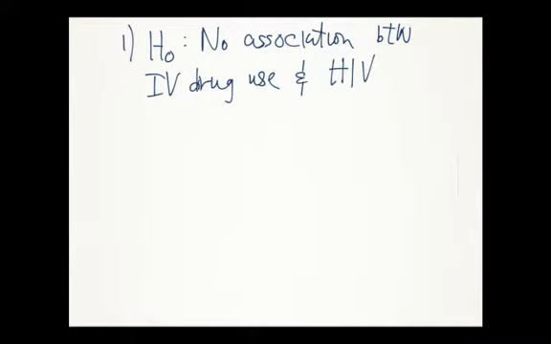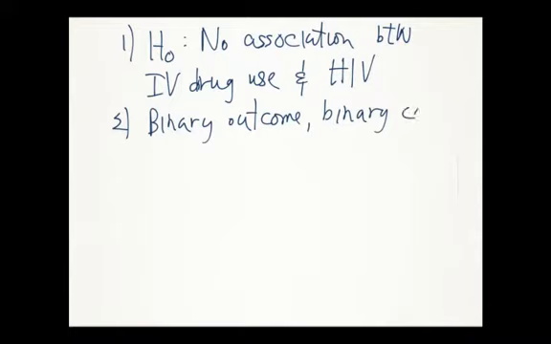Okay? And so in step 2, we talk about the type of data that we have. Here we have a binary outcome, which is, do you have HIV or not? And also a binary covariate, which is, are you an IV drug user or not?